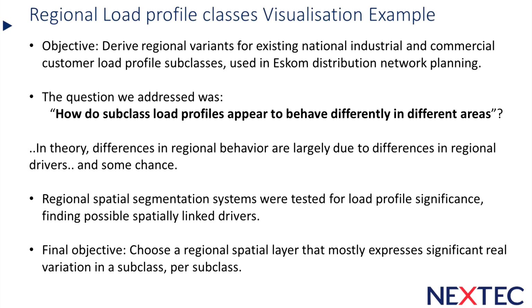So we tested different regional spatial segmentation systems for possible spatial profile significance, finding possible spatially linked drivers. Now our final objective was to choose a regional spatial layer that mostly expresses the significant real variation in the subclass, and it will reduce the planning error when using the regional profile subclasses instead of the national version for farming of crops, for instance.